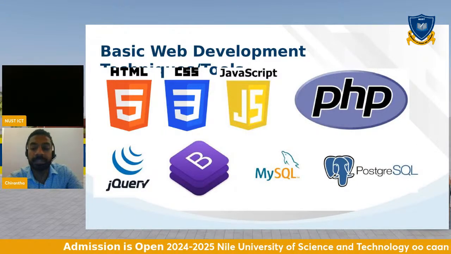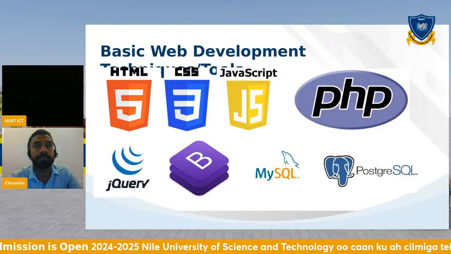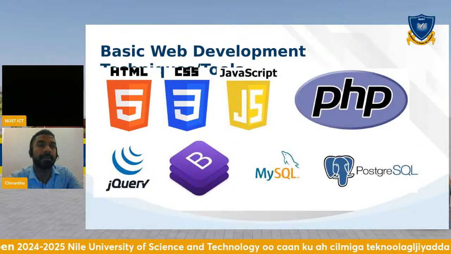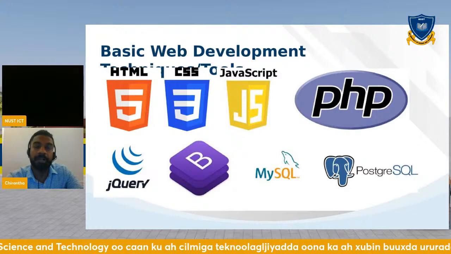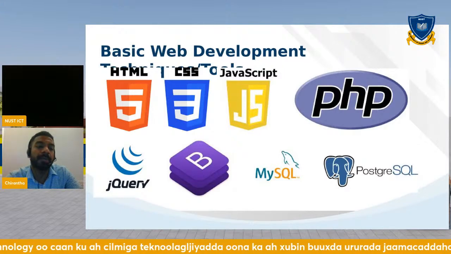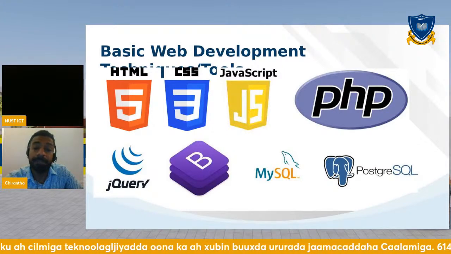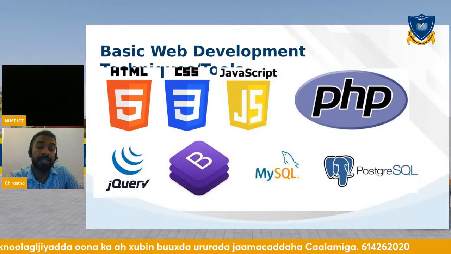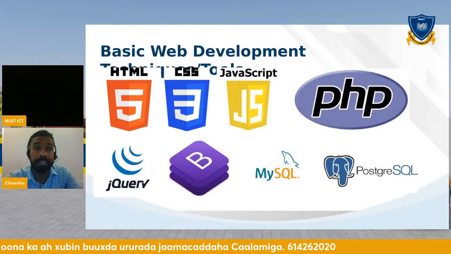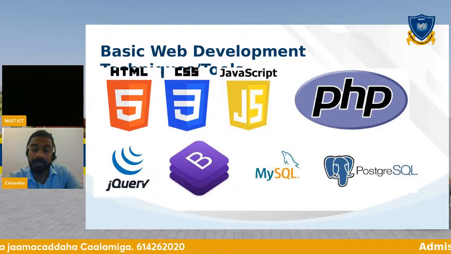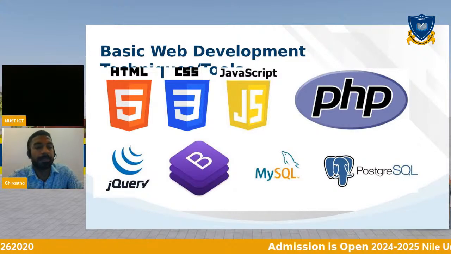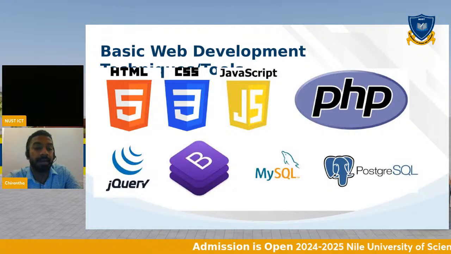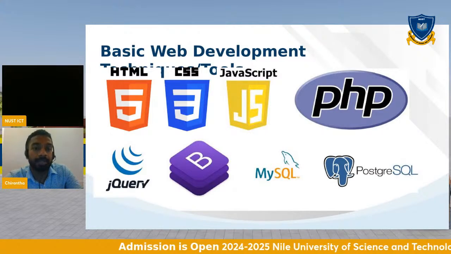When we go for advanced web development, we need more features, more functionalities, and more transactions on the web. For that purpose, we can use jQuery. It is one technology, or we can say some kind of framework, but anyway, it is a web technology. jQuery supports the next level of web development.